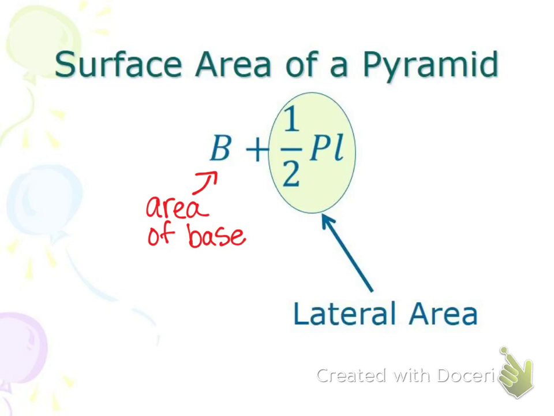A pyramid only has? Pyramid has how many bases? 1. And a prism has how many bases? 2. So for a prism, we had to multiply this by 2. But for a pyramid, there's only 1 base. So we only have capital B, not times 2.